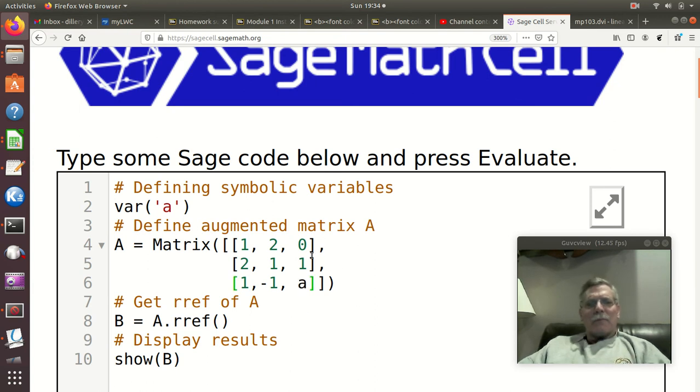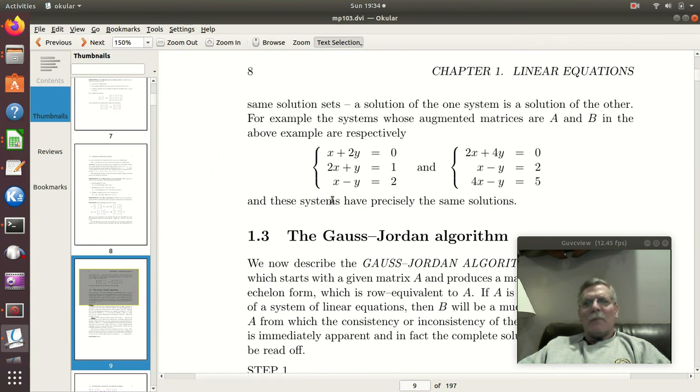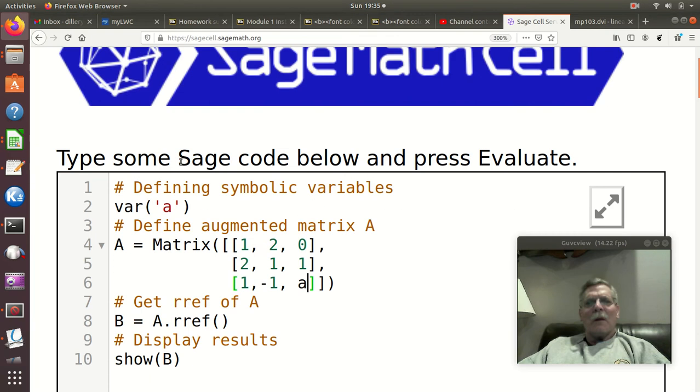It really matters what a is in this context, because if that 2 is an a, depending on what that is, I may have an inconsistent system or a consistent system. And for that matter, I suppose possibly I could have an infinite number of answers. Well, no, I think it's either just going to be consistent or inconsistent, and the consistency is going to have to do with what's up here.